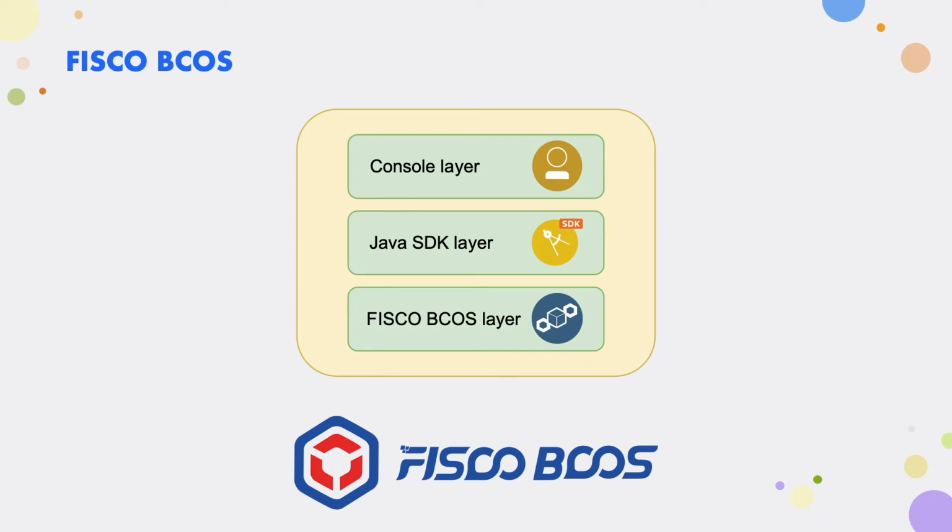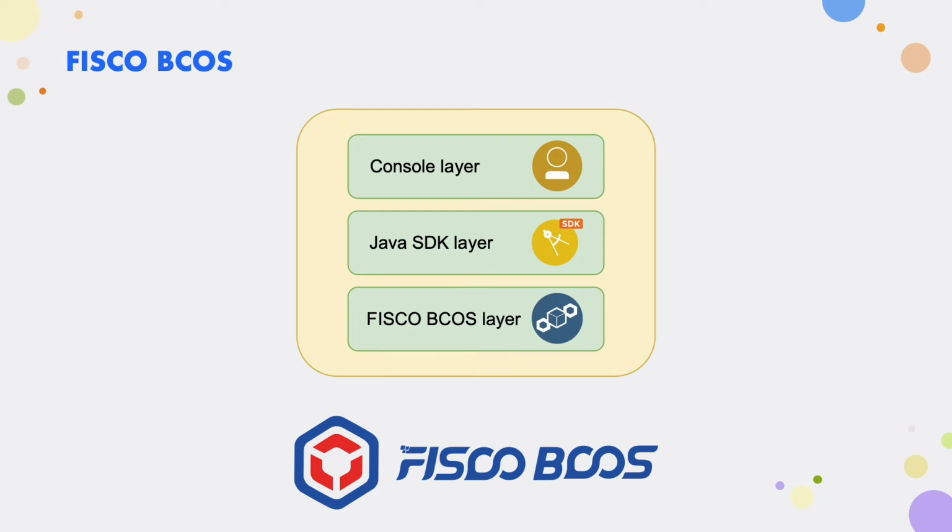The console layer allows users to perform any requests to the FiscoBCOS blockchain, including querying information of the chain such as block number, deploying smart contracts and calling smart contract functions, managing ledgers or groups of ledgers. The Java SDK layer helps the console layer establish a connection with the blockchain node to request access for blockchain node data. The FiscoBCOS layer is where FiscoBCOS blockchain nodes reside.